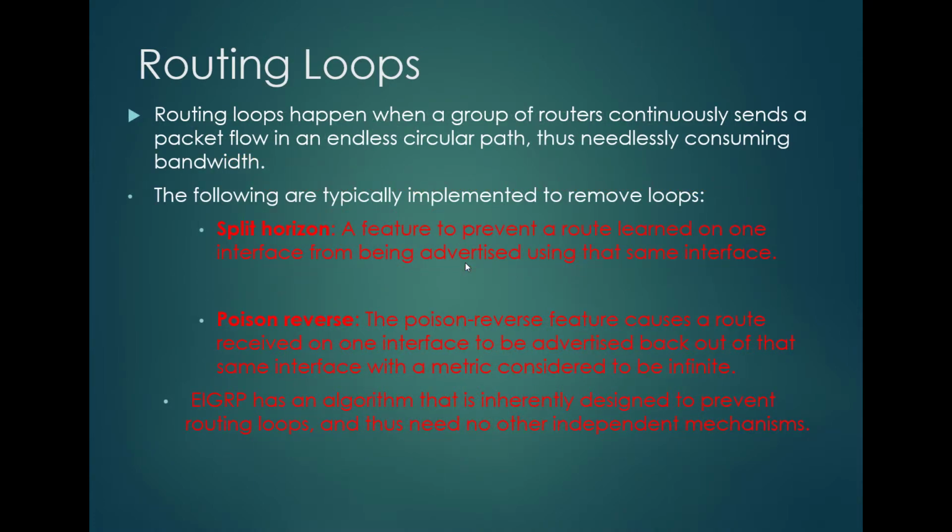So again, just like switches, we can have switching loops. We can have the same thing with router loops. So we have two means of dealing with this. We have split horizon, which is a feature to prevent a route being learned on one interface from being advertised out the same interface.